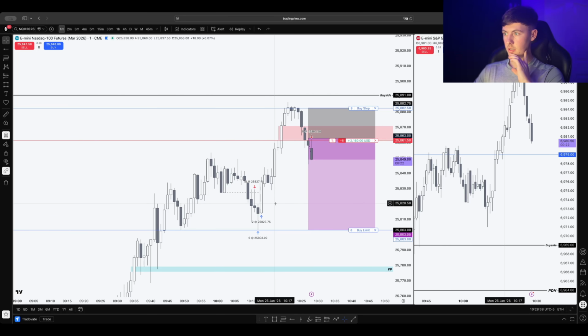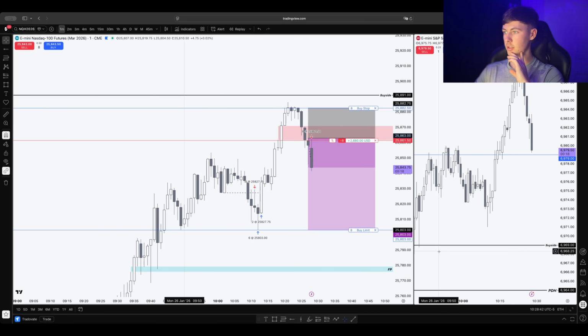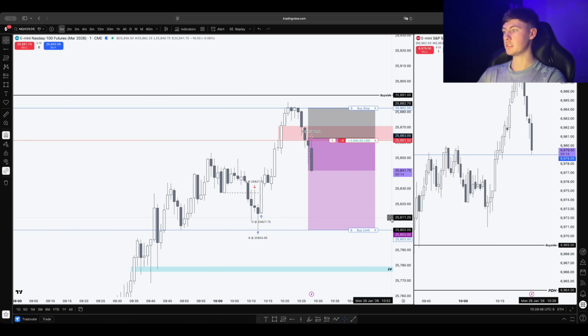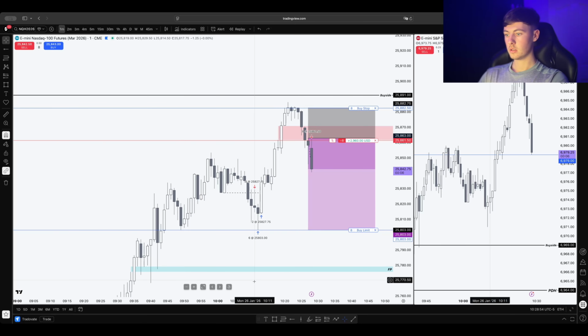So let's see, because we've just taken the trade from before, that ended up hitting TP1, got stopped out at break even. Then I seen another clean setup because these equal lows are a clean draw on liquidity lower. So again, gonna scale 60% off at this low right here.